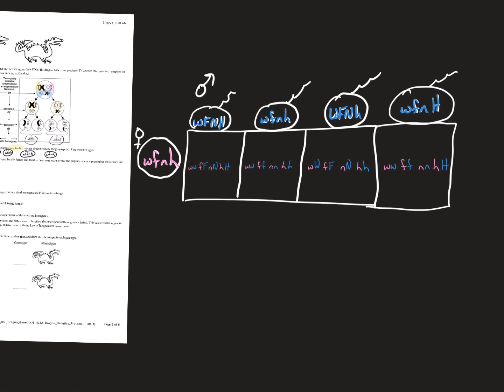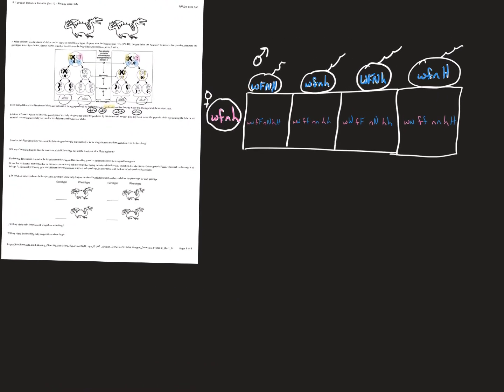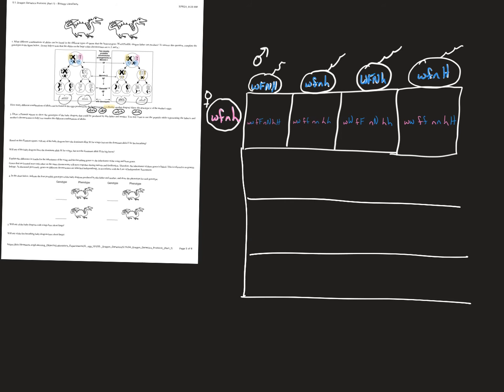So that's what the Punnett Square would look like. Now you could, if you really wanted to, go ahead and put the rest of these rows in for a Punnett Square and do a 4 by 4, and then end up with 16. But these 3 would be the same as the first one.